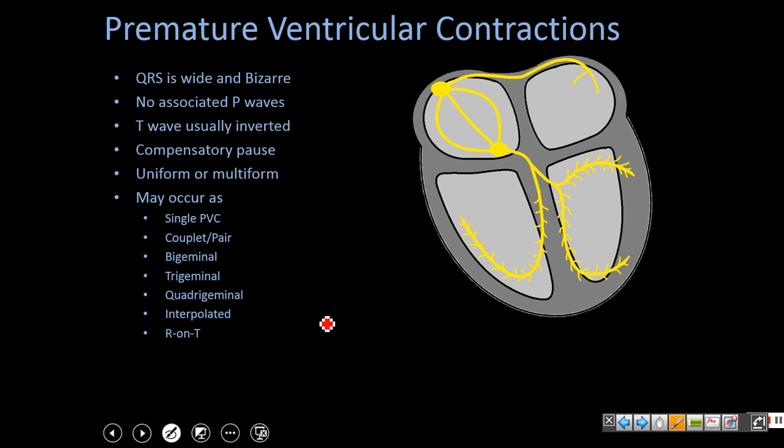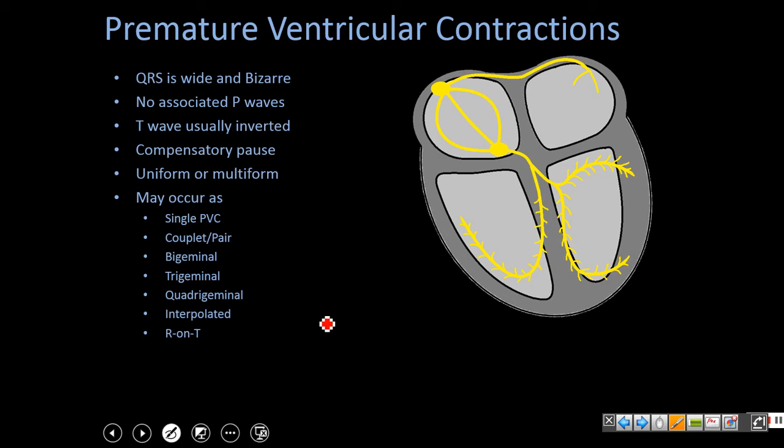Okay, premature ventricular contractions, or PVCs. PVCs are single beats that come from the ventricles, and they're wide and bizarre, just like all the other complexes we talked about in ventricular rhythms. They have no associated P waves.